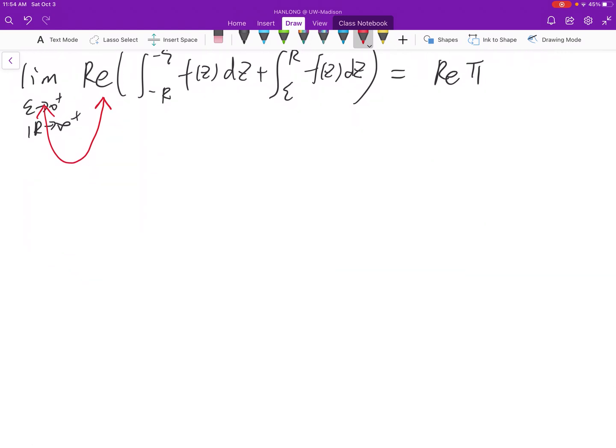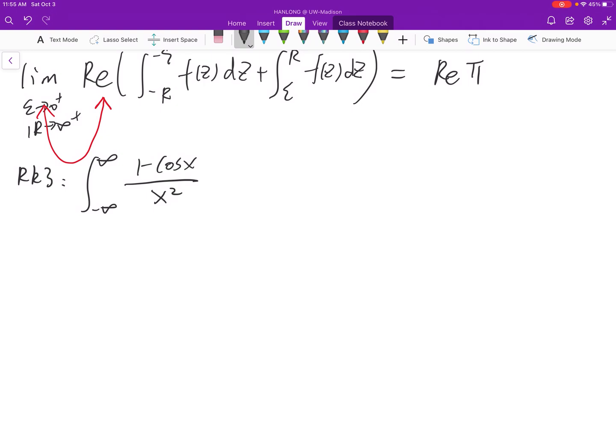Okay, thirdly, remark 3. From real analysis, this is not the original Riemann integral.